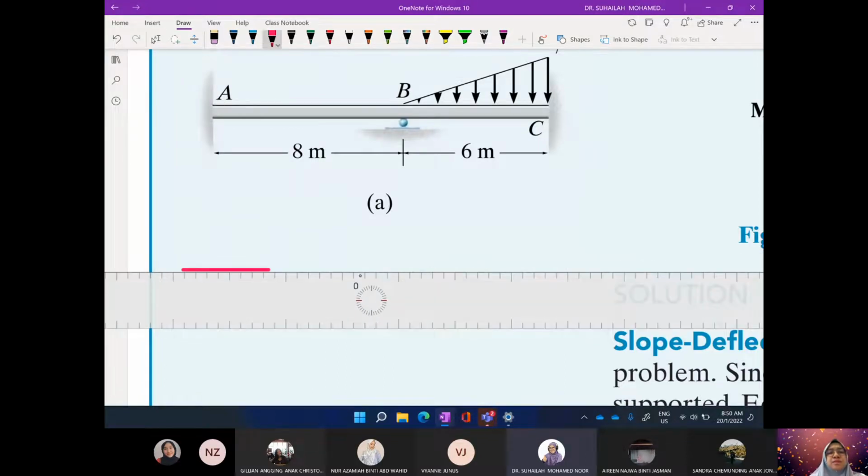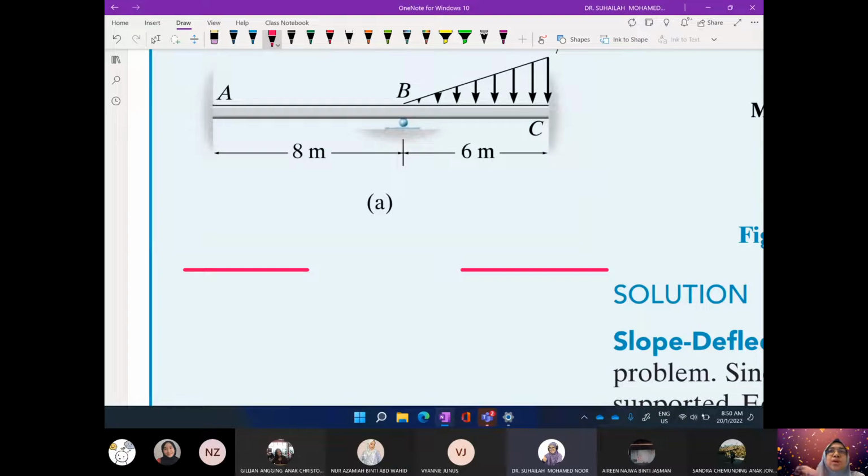Two members means one member has two ends. So the clockwise sign convention, we apply on member, so the clockwise direction.